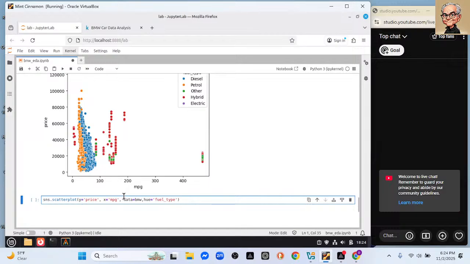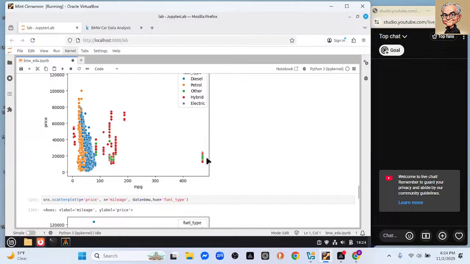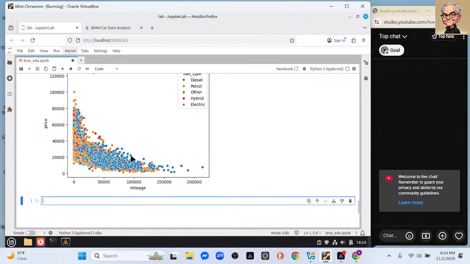This may be the best one here. So what you can see is the biggest thing that affects price is mileage. Mileage increases, price decreases, okay?